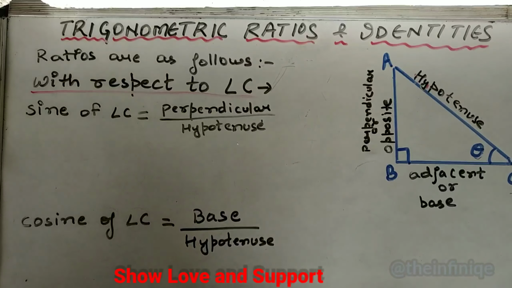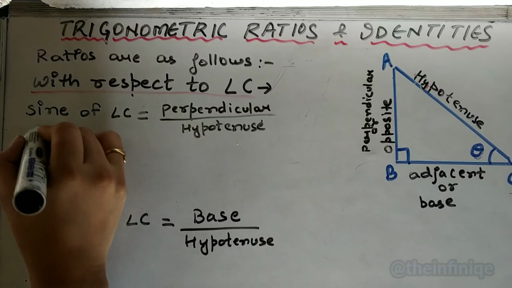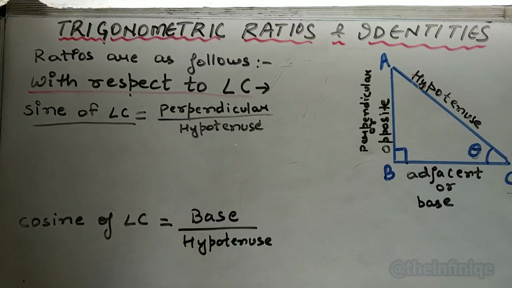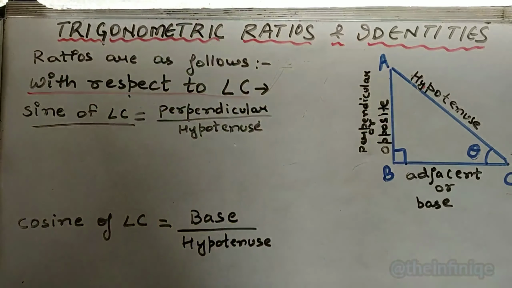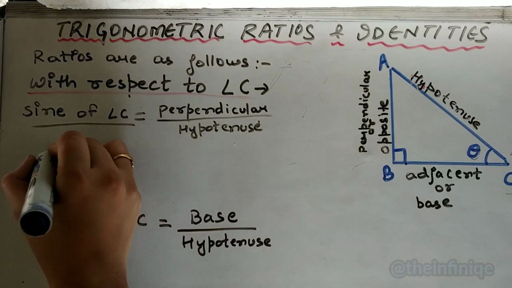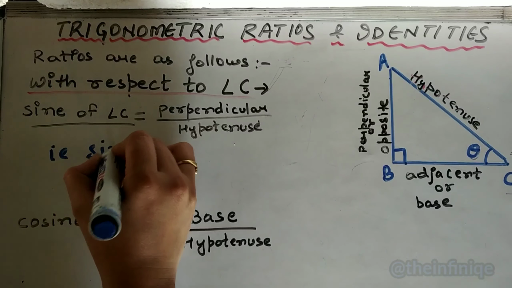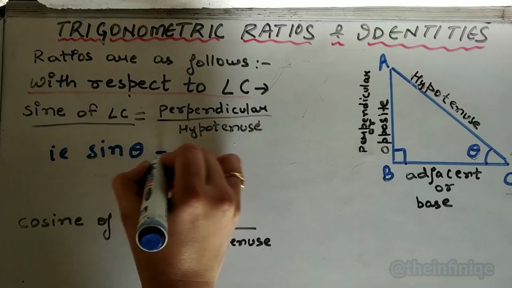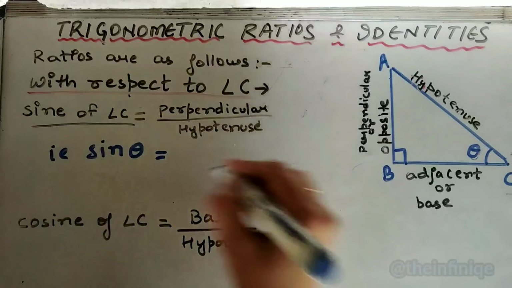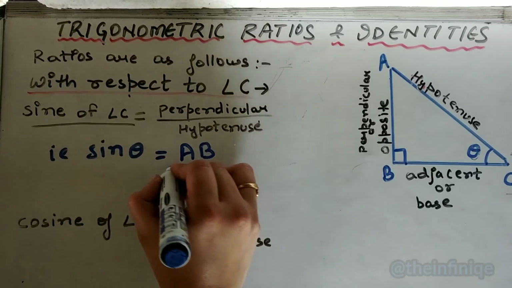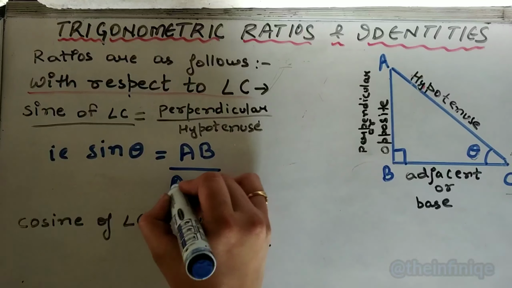First trigonometric ratio is sine of angle C, and its formula is perpendicular upon hypotenuse, that is sine of angle C is theta, perpendicular is AB, upon hypotenuse is AC.